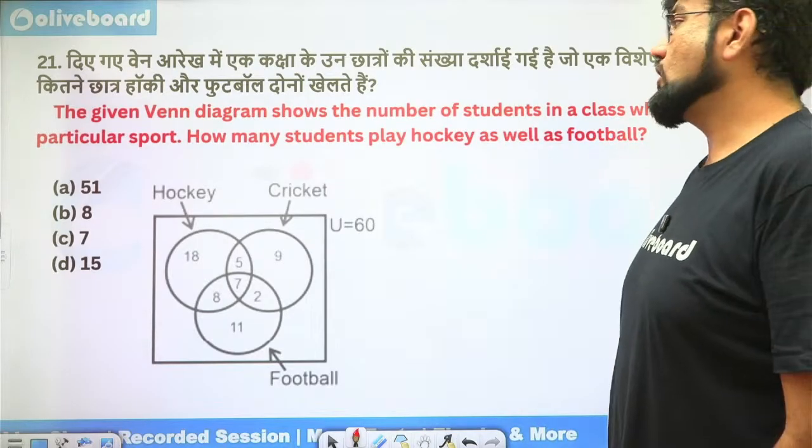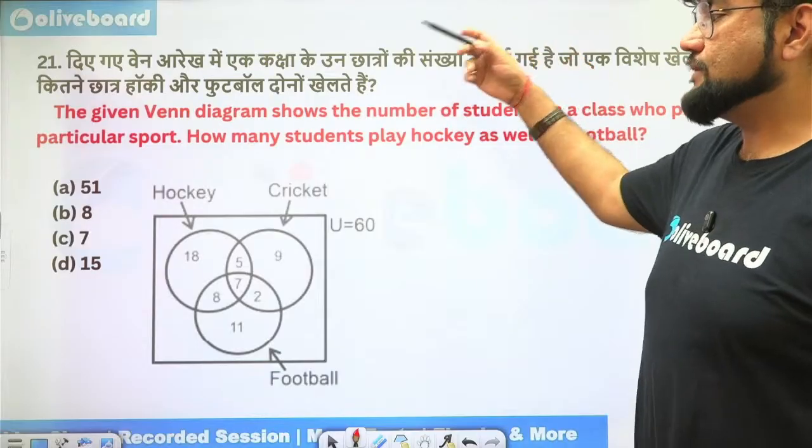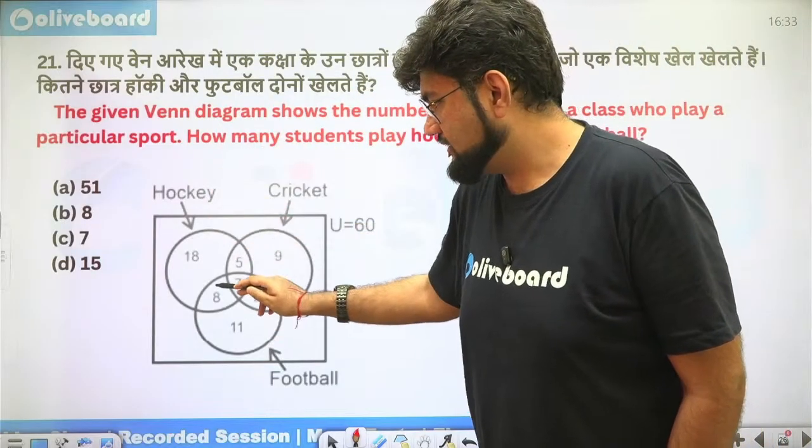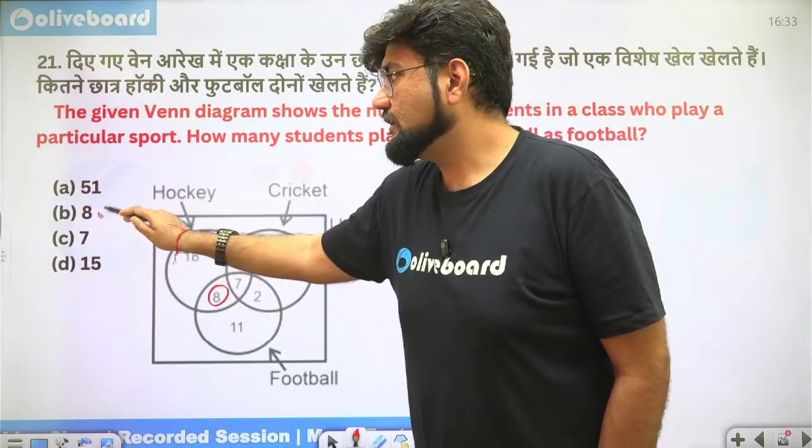How many students play hockey as well as football? Now, a lot of people look at this hockey as well as football. They will see this is the common one and they'll mark option A, B as the correct answer.